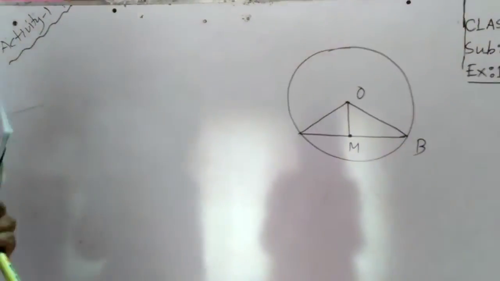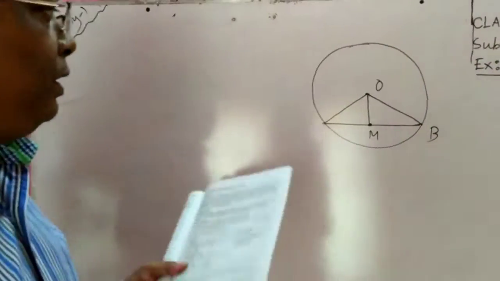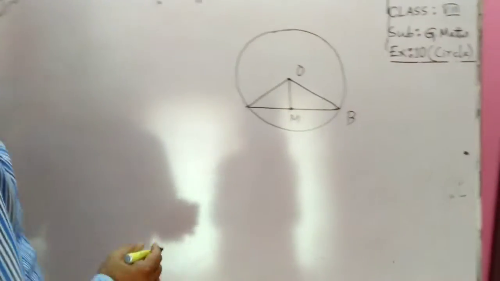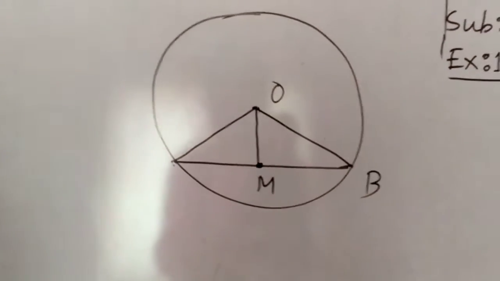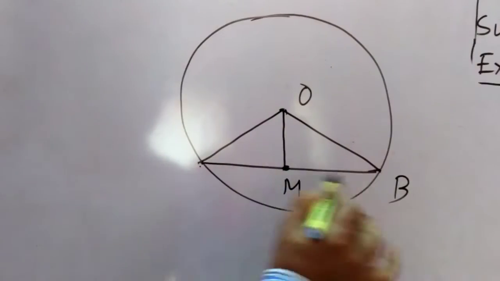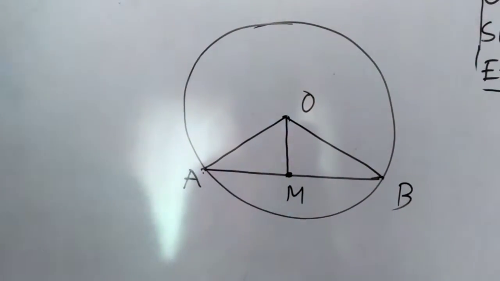Activity 1 is just the reverse of theorem 1. In theorem 1, given M is the midpoint of AB, you have proved OM is perpendicular to AB.